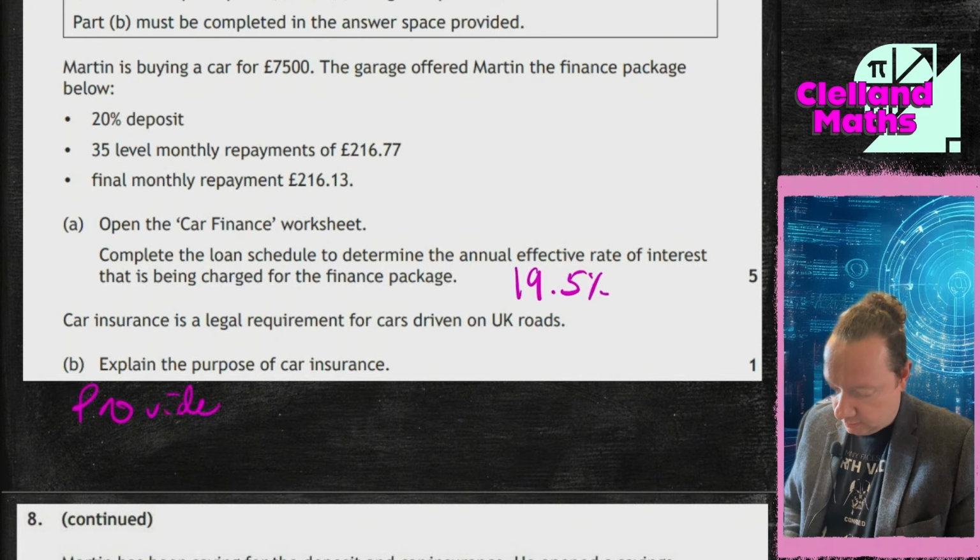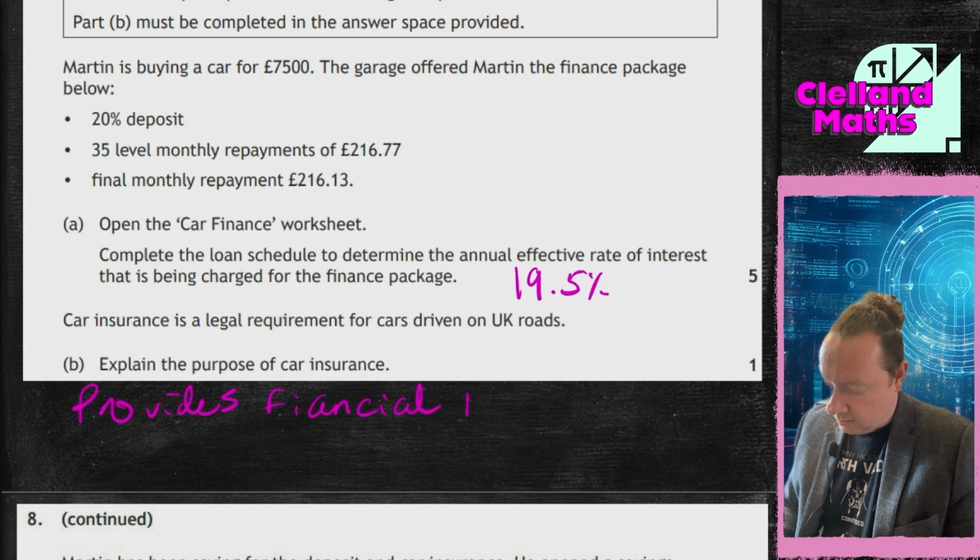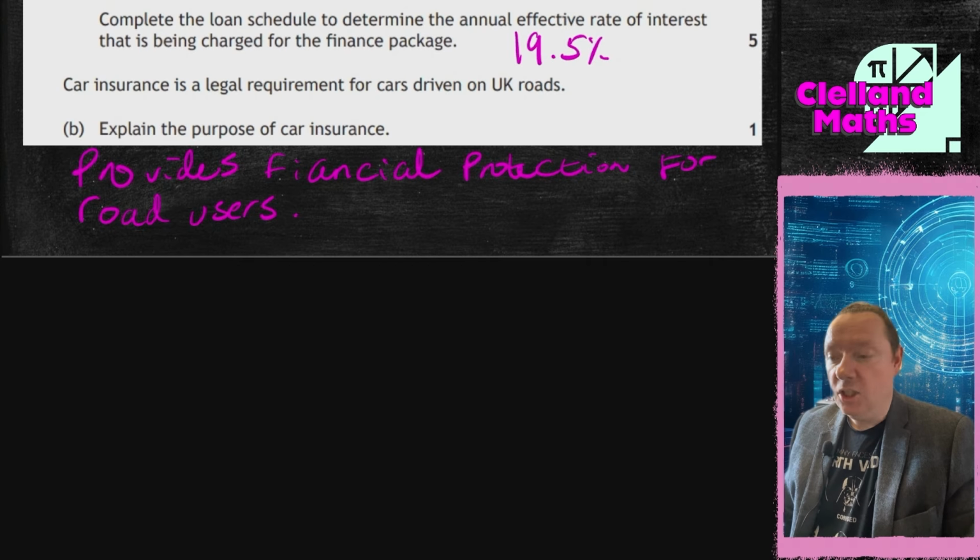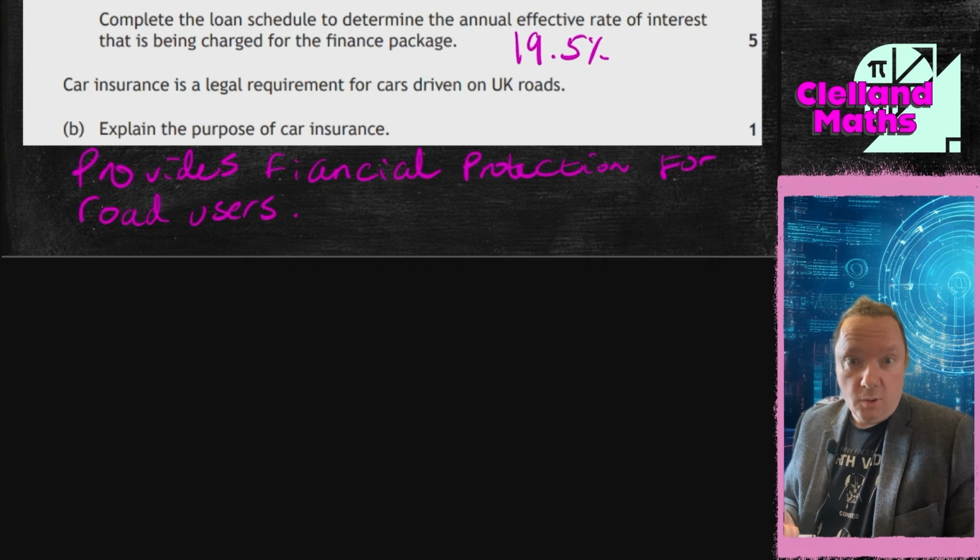Provides financial protection, I'll say, and you could be more or less. Not just for car users, for road users in general. So to write a bit more about that, just in case the SQA are really wanting it to be expanded upon, though it is only worth 1 mark.